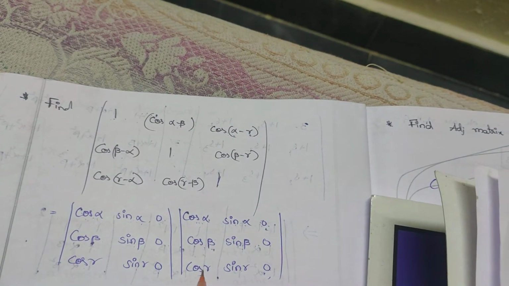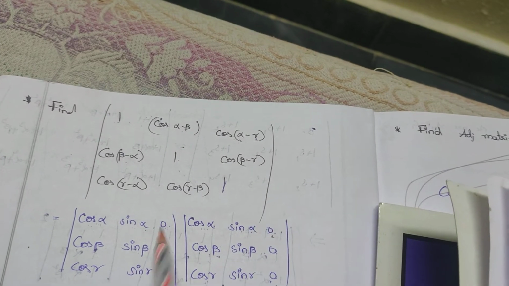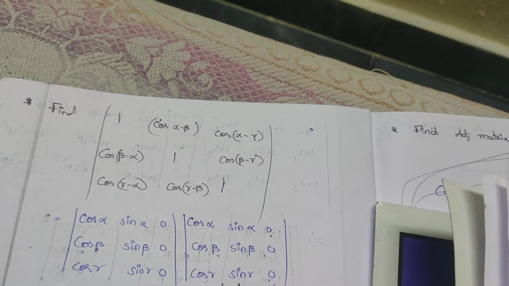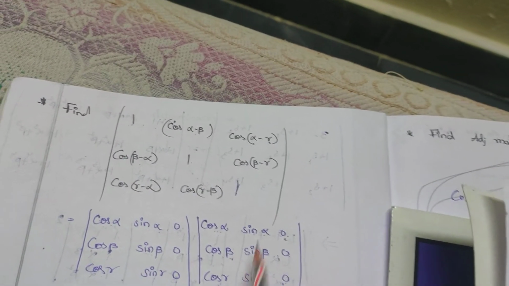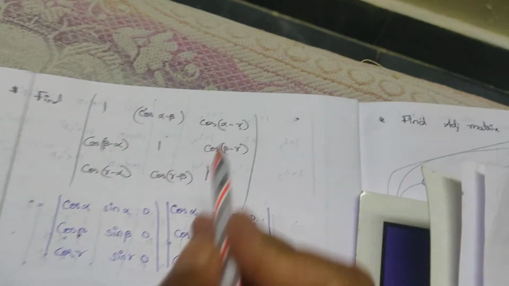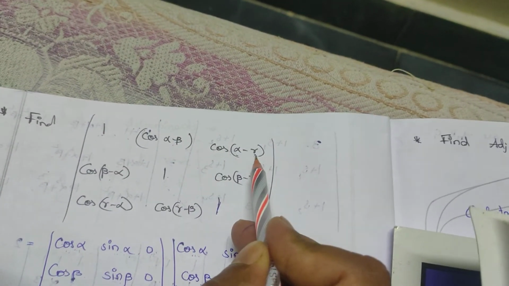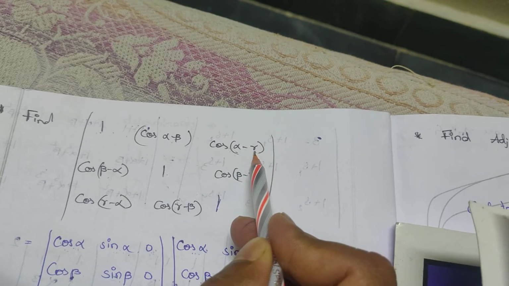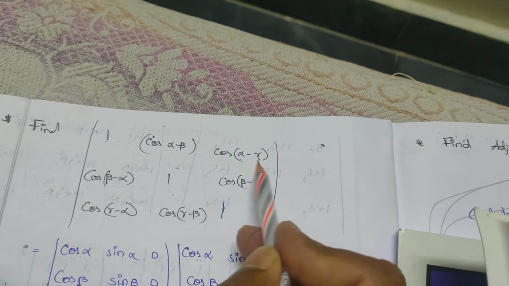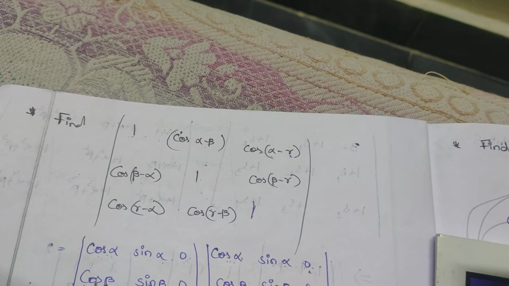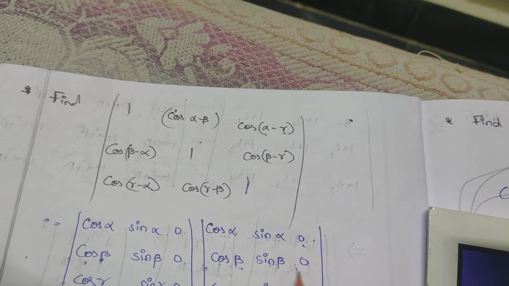Next, cos alpha cos gamma plus sin alpha sin gamma plus 0 into 0, that is cos of alpha minus gamma. Here actually it is gamma, but by mistake I wrote r, so you can call it r or gamma, no problem. Similarly, you write the same two rows of the second determinant.